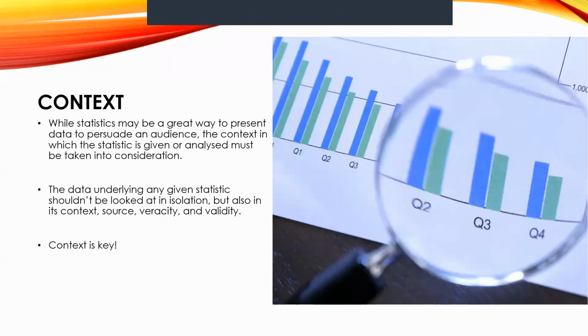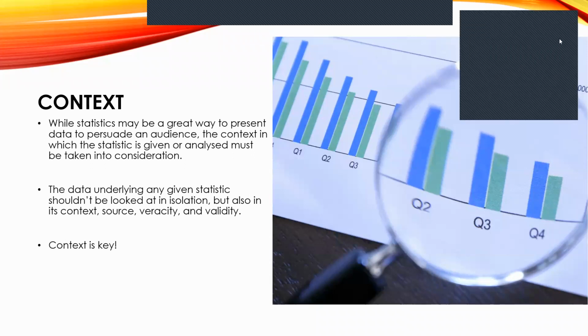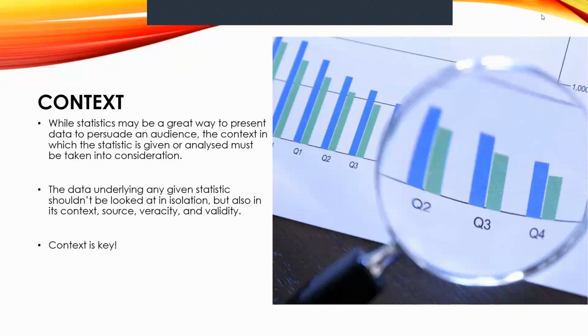Next, we have context, and context basically means we need to be able to look at our data in the correct sense in which it is being presented. While statistics may be a great way to present your data, the context it is presented in is very important.